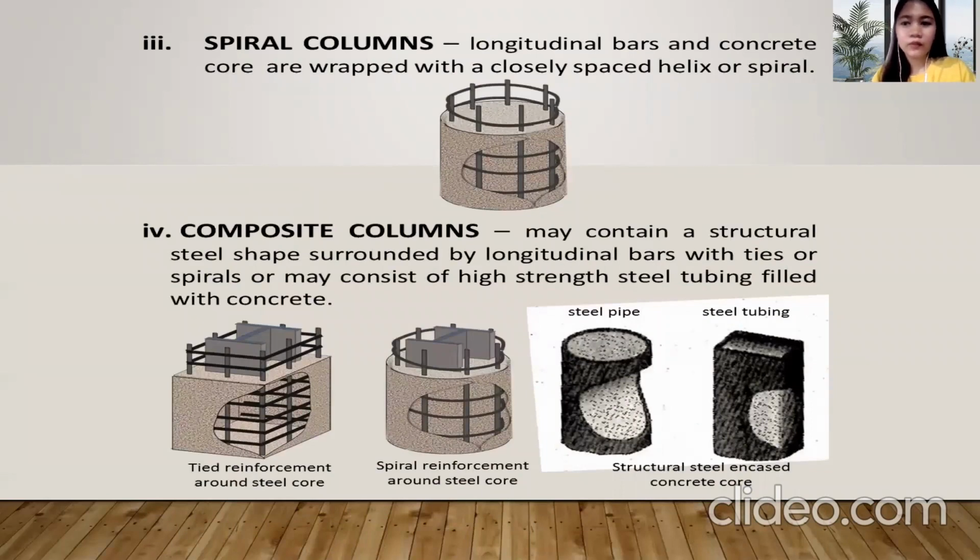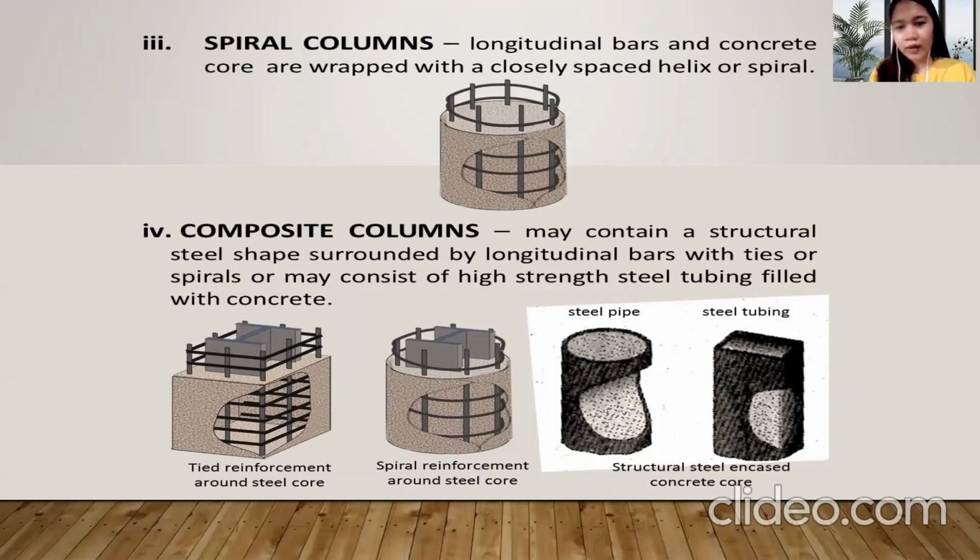The longitudinal bars and concrete core are wrapped with a closely spaced helix or spiral. Yan, as you can see, circular yung shape niya since yung reinforcement niya ay naka-spiral, nakapalibot dun sa longitudinal bars.